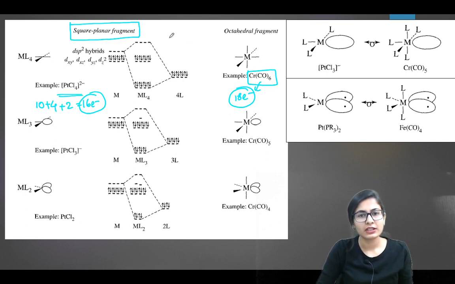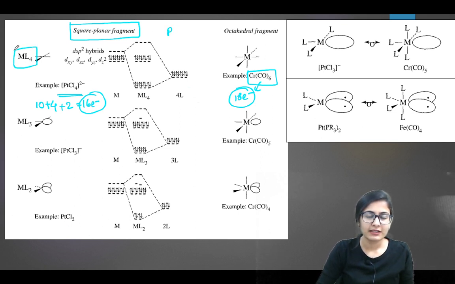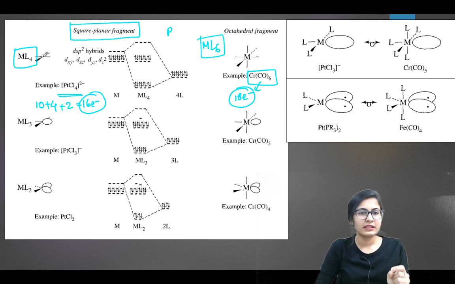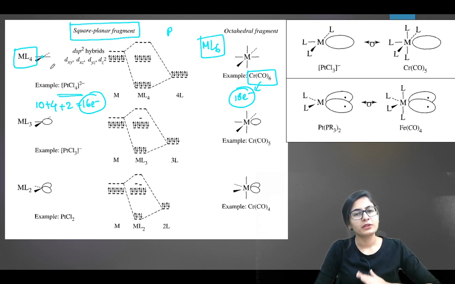Yes, pay attention. The PtCl4, or basically in the square planar, ML4 is equivalent, or let's say isolobal, to ML6 in the octahedral. Why is that so? Because in this complex you don't have any orbital remaining to form the bonding. So the frontier orbitals are 0.